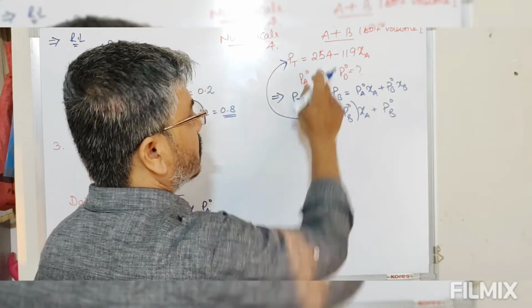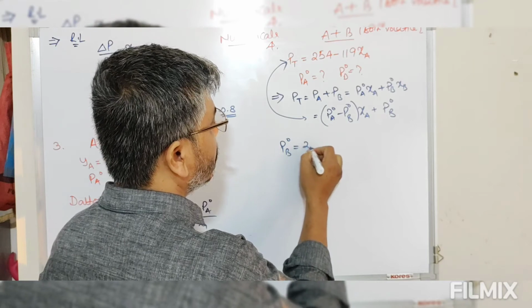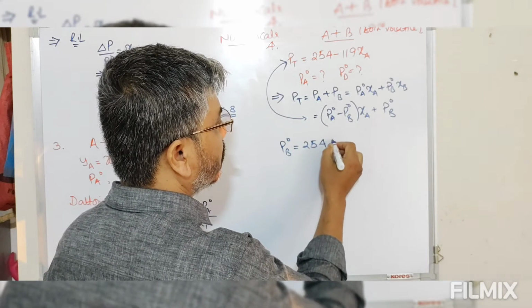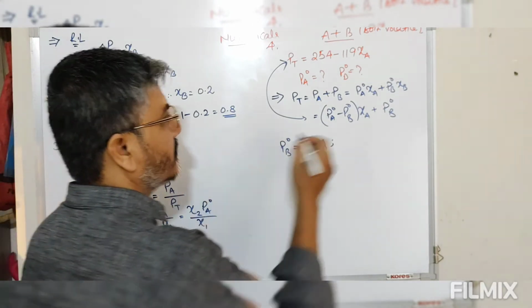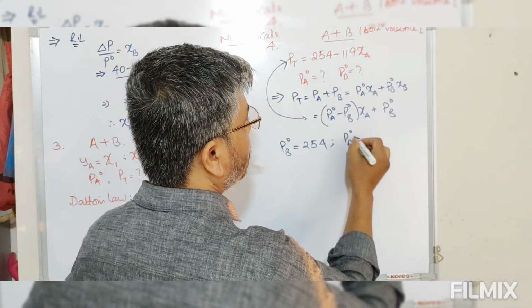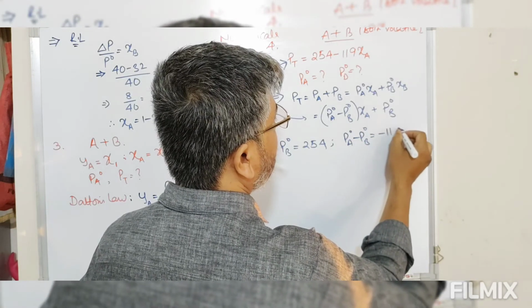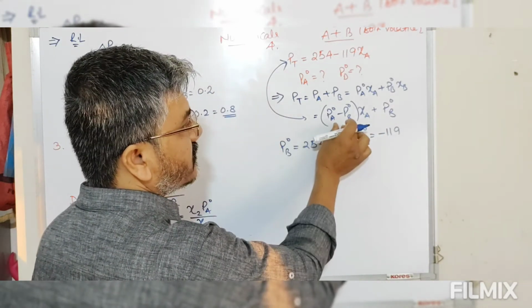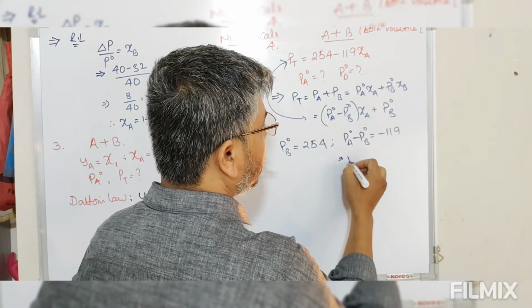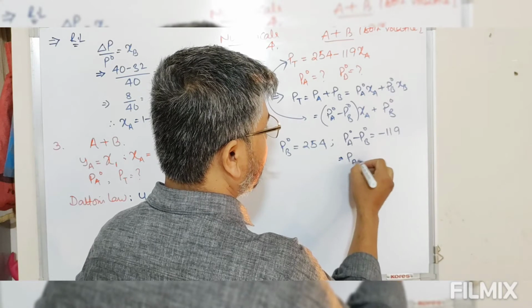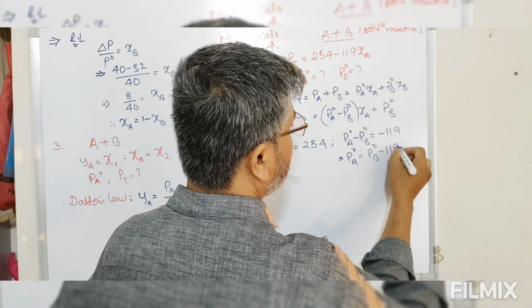Comparing, PB naught is equal to 254, and PA naught minus PB naught is equal to minus 119, because this is multiplied by XA.